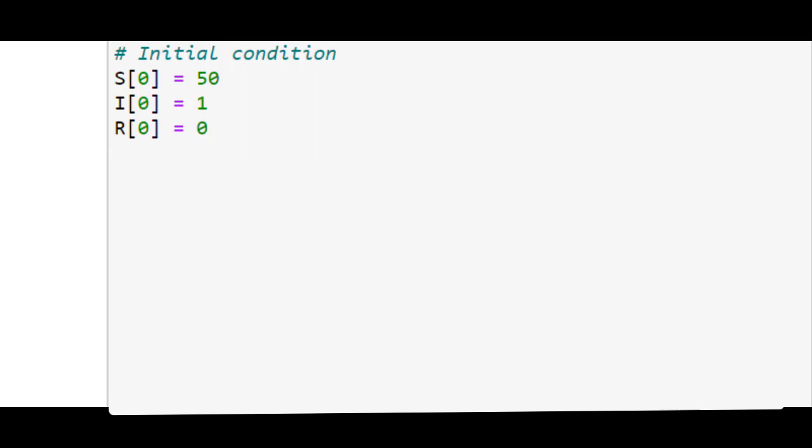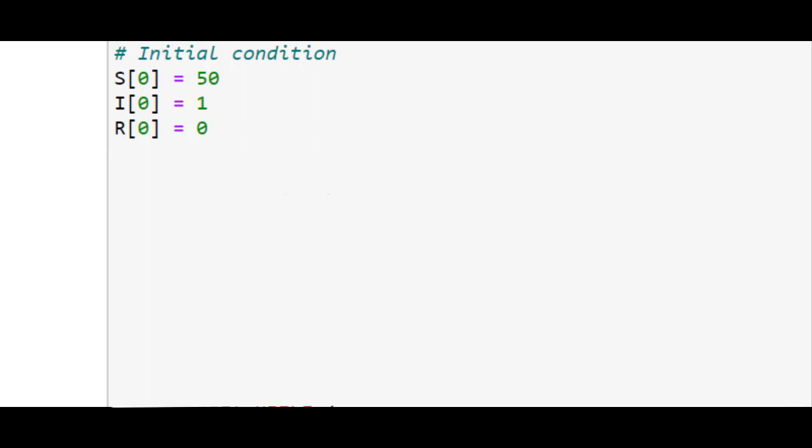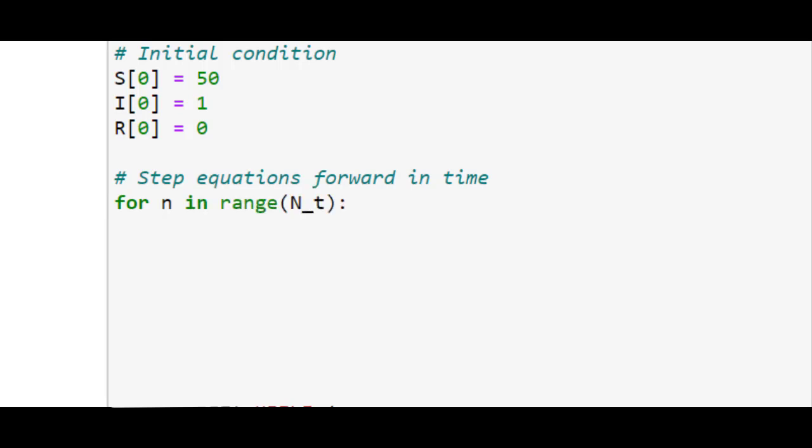We have all the initial conditions and parameters needed to simulate the infection and recovery process. We will step our 3 equations forward every 6 minutes. This is easily done in a for loop with counter n iterating over a range of n_t, or 7,200. The first computation in our loop is our susceptible difference equation.